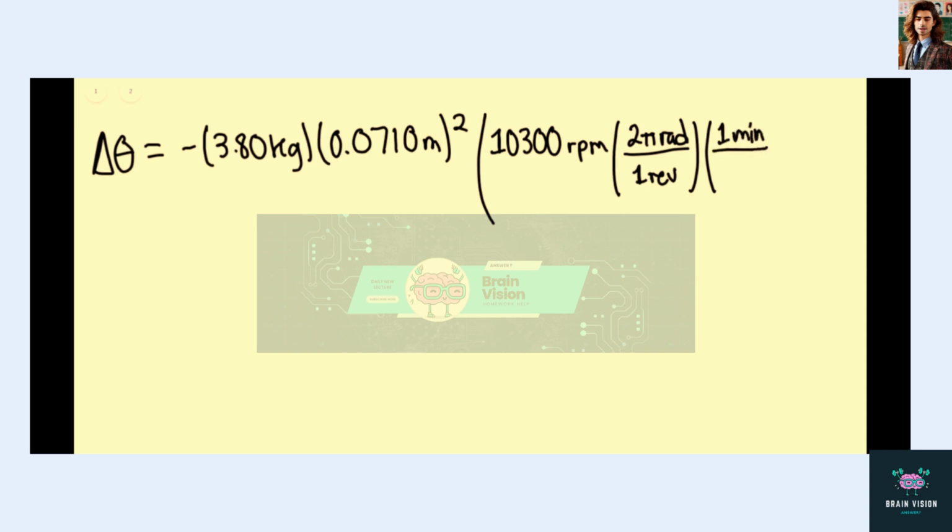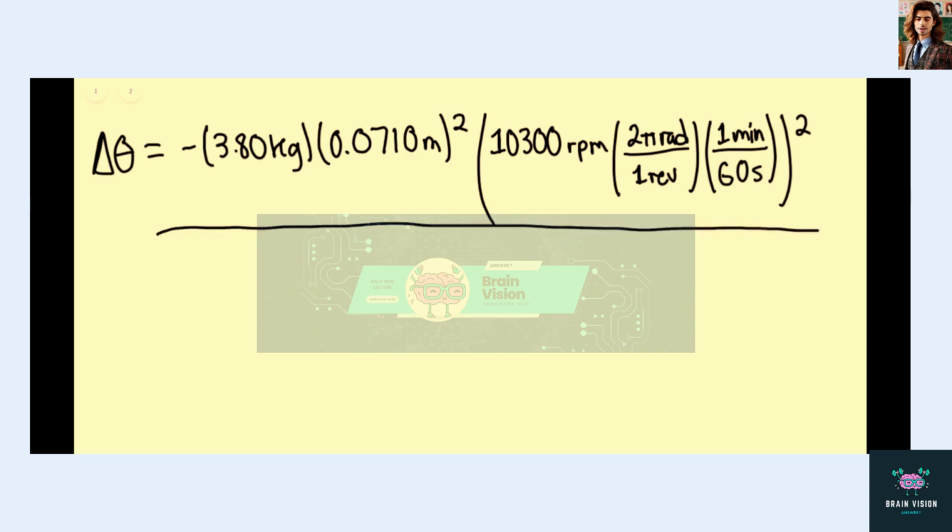We're going to square this entire term. And then we're going to divide it by 4 times the torque. So 4 times negative 1.20 Newton meters.